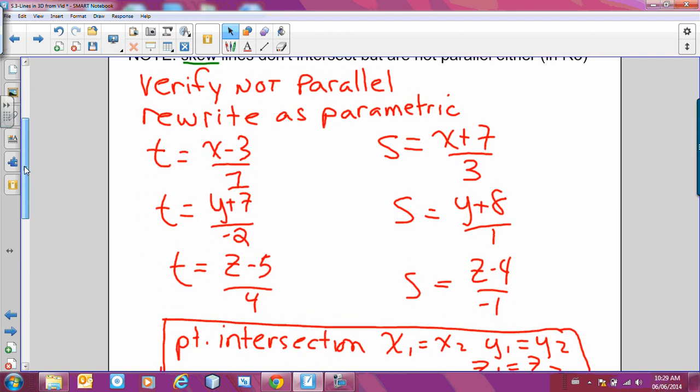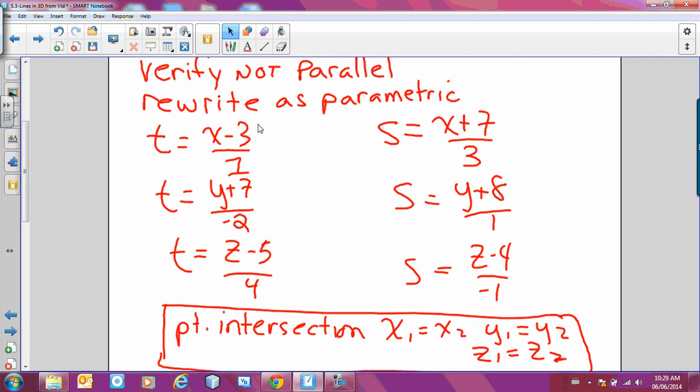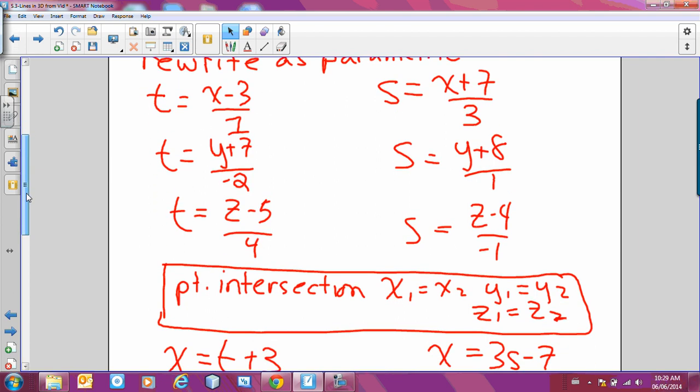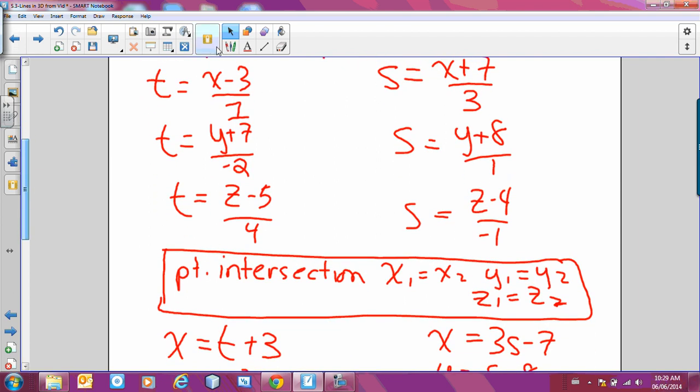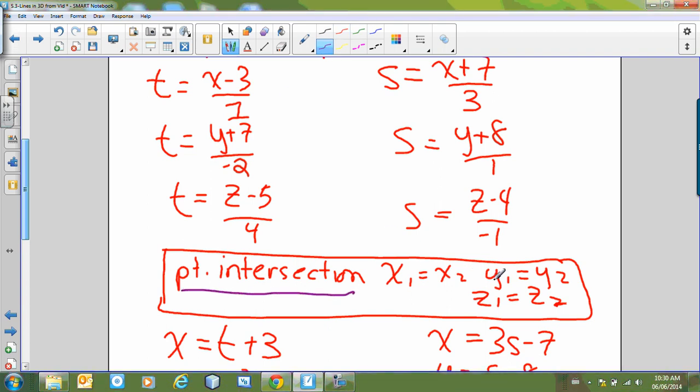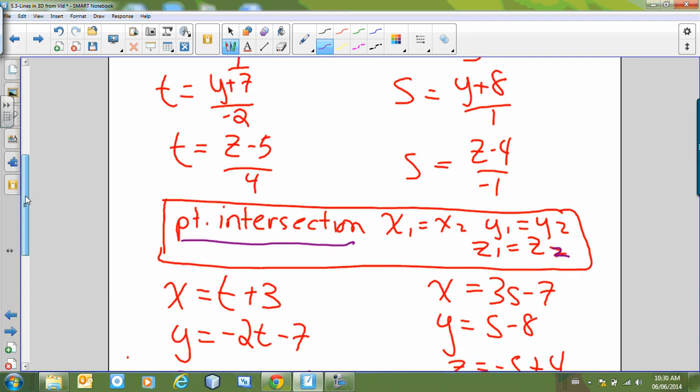So I started off by rewriting as parametric equations. And then essentially what we want to recognize is, for a point of intersection, what point of intersection means is that the x's are the same, the y's are the same, and the z's are the same. So in this case, x1 is equal to x2, y1 equal to y2, z1 equal to z2. And that's what we're trying to determine.